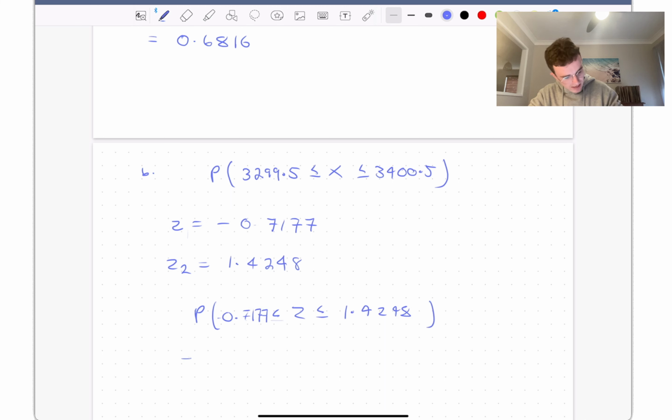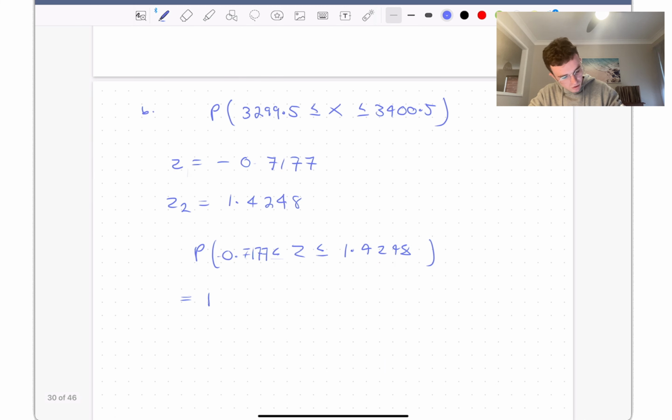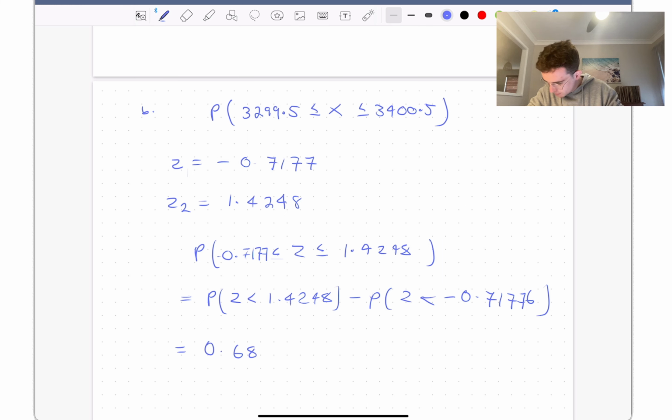And if you do that on your calculator, and use your z-score table, the probability that z is less than 1.4248 minus the probability that z is less than minus 0.7177, you get 0.6859.